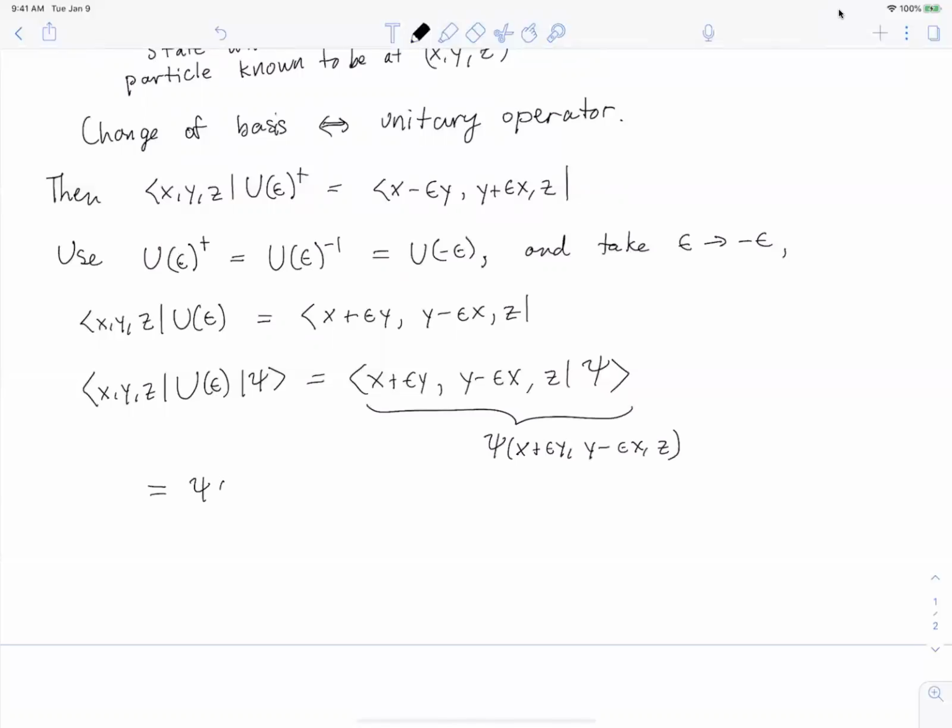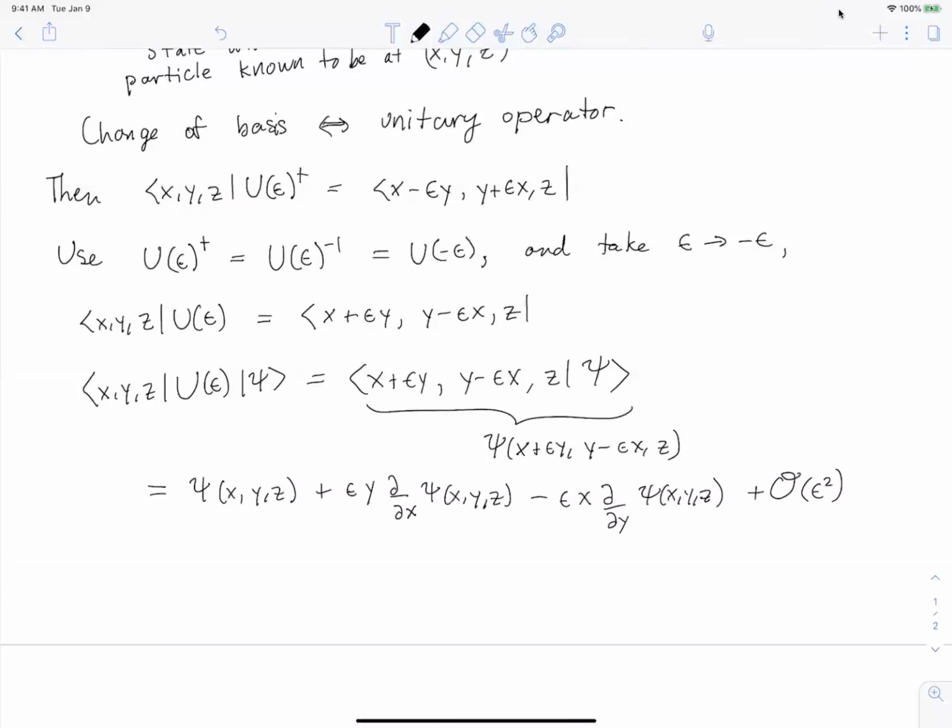So this is the wave function psi of xyz, plus epsilon y times the partial derivative with respect to x of psi of xyz, minus epsilon x times the partial derivative with respect to y of psi of xyz. And there are going to be order epsilon squared terms there too. So what we did here was a Taylor series.